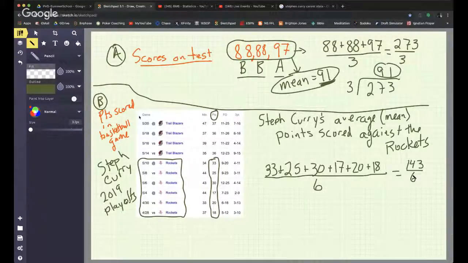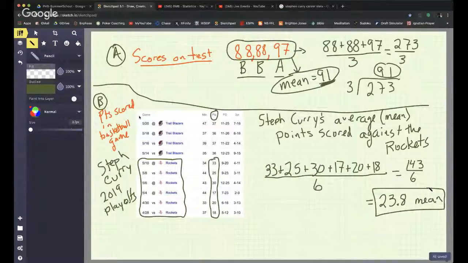Divided by 6, his average was 23.8. That was the mean. Also called in basketball, that's your points per game.